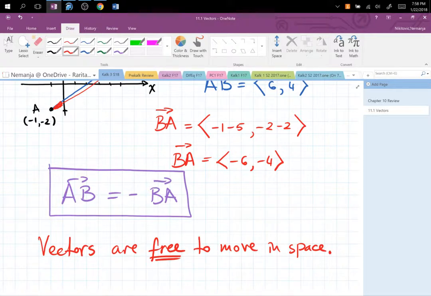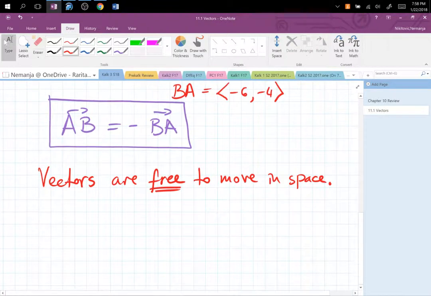If I call my phone a vector, I can move this vector. You see, as long as you keep the magnitude, which is the length of the vector, and the direction, which is the angle of the vector, the same, you can place that vector wherever you want, and it will always be that vector. Vectors are free to move in space.